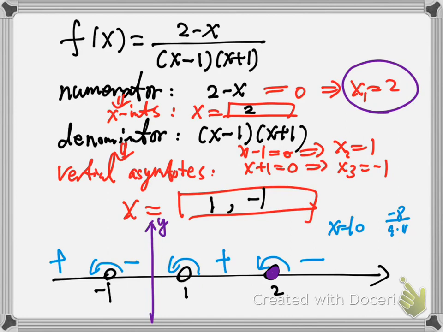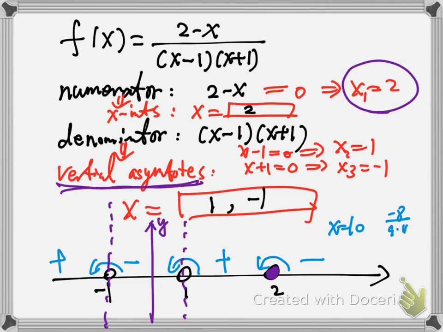And 1, -1 are vertical asymptotes. So they are the vertical walls. These are cutting walls. They cut the plane to 3 parts. So the graph cannot pass -1 and 1. They are vertical asymptotes, cutting lines.